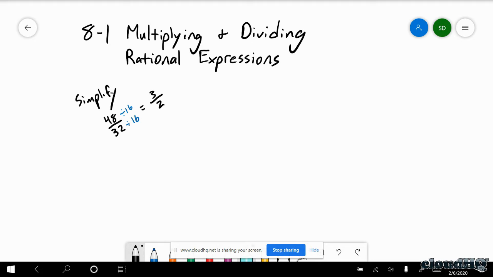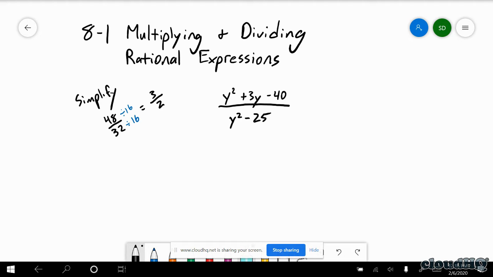But let's see what that looks like in a rational expression. We could be given a problem like this: y squared plus 3y minus 40 over y squared minus 25.